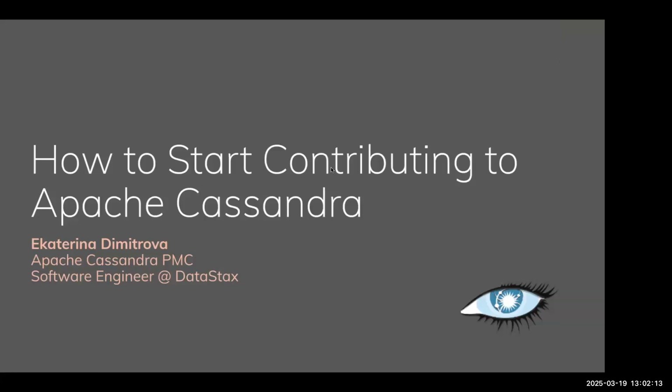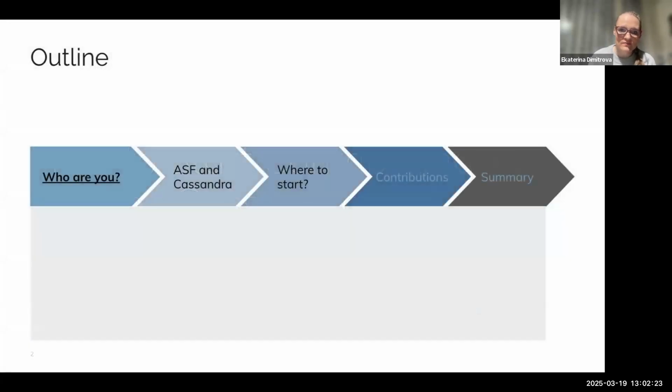You're good. Okay. Well, I mentioned already, Apache Cassandra PMC, software engineer at DataStax, and it's an honor to be here today. So who are you that you want to contribute to Cassandra? What type of personalities are we talking about? ASF and Cassandra, we'll talk a little bit about how to start, where to start, because that's a very common question that people ask.